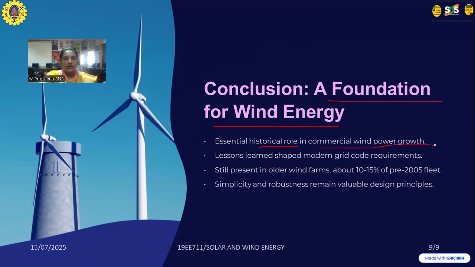Now coming to the lessons learned: they shaped modern grid code requirements, and still represent about 10 to 15 percent of installations. Simplicity and robustness remain valuable design principles. These are the points we are concluding from the wind generator topologies.